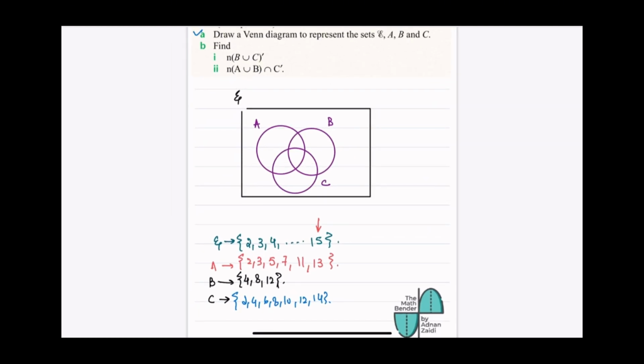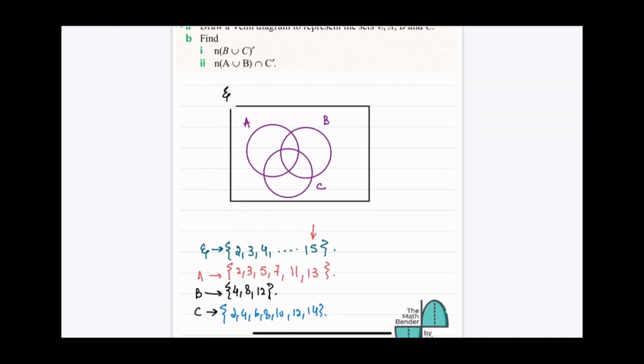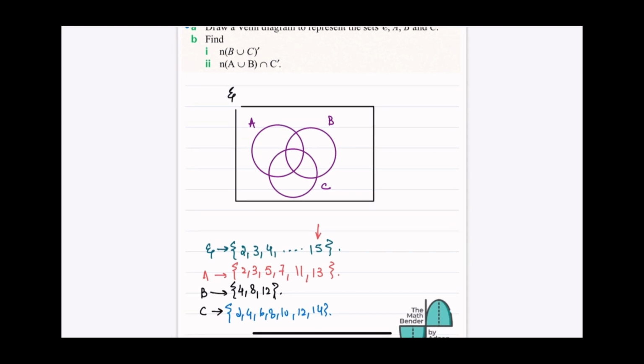Now the first step is to look for common elements. If anything is common in A, B, and C, that comes in the center. We can see that nothing is common between A, B, and C. In B and C, 4 and 8 are common, so I'll write 4 and 8 here.